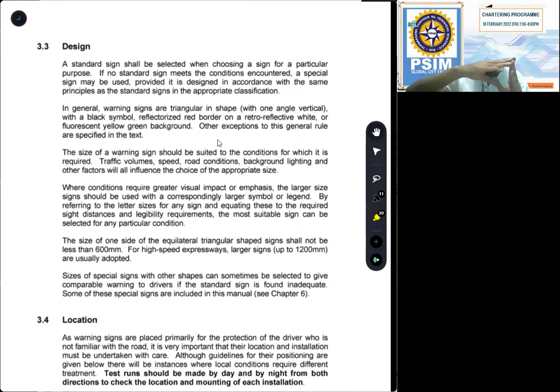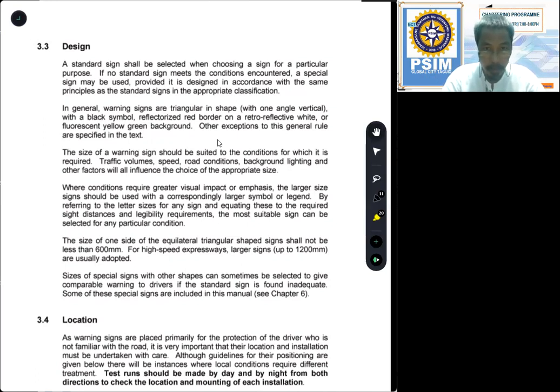One angle must be vertical. That is how we have to expect it. So either like that or like that. That is what we mean by vertical. But don't do it vertical like this. Meaning we have to take notice of the angle.